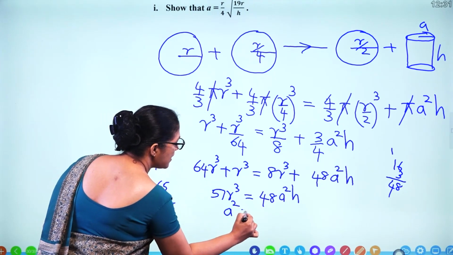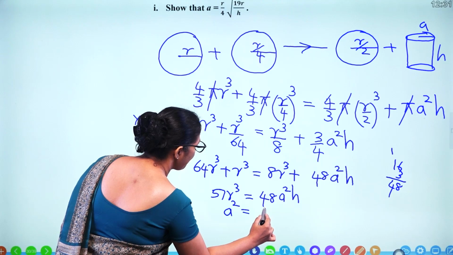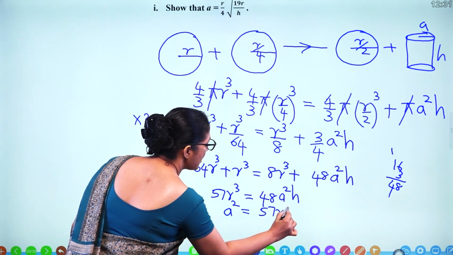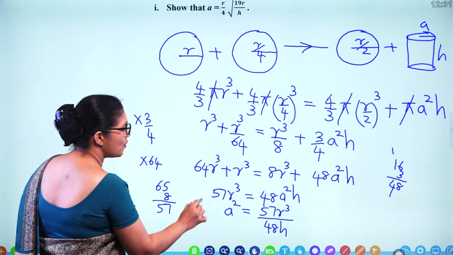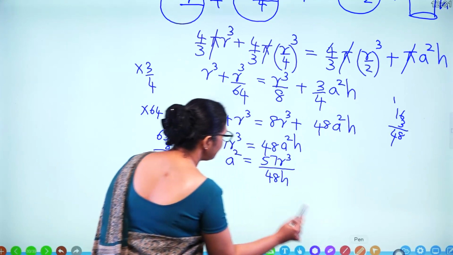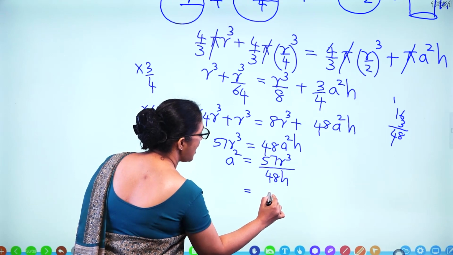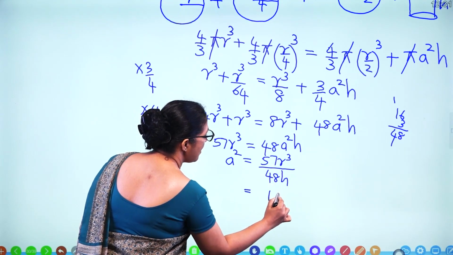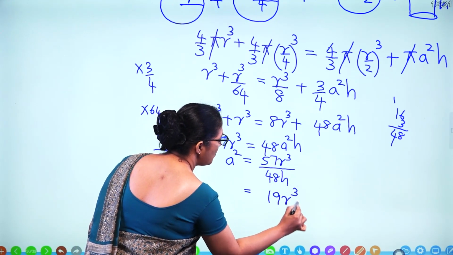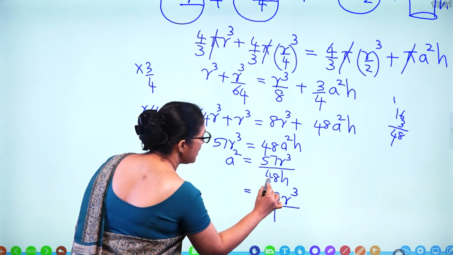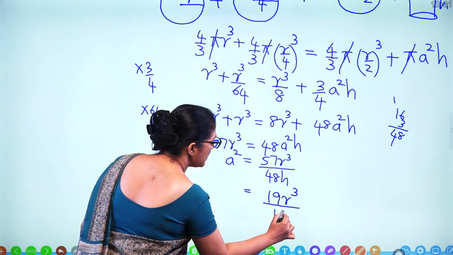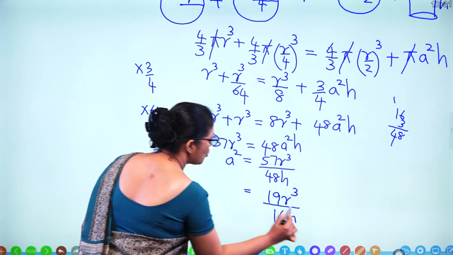a squared is 57 r cubed divided by 48 h. Now divide by 3. 3 times 19 is 57, so 19 r cubed, divided by 3 times 16, 48, that's 16 h.